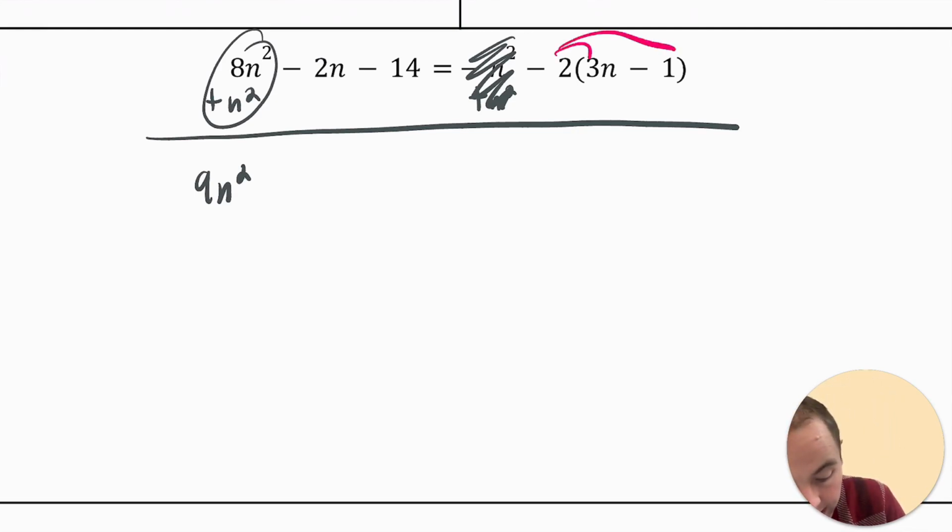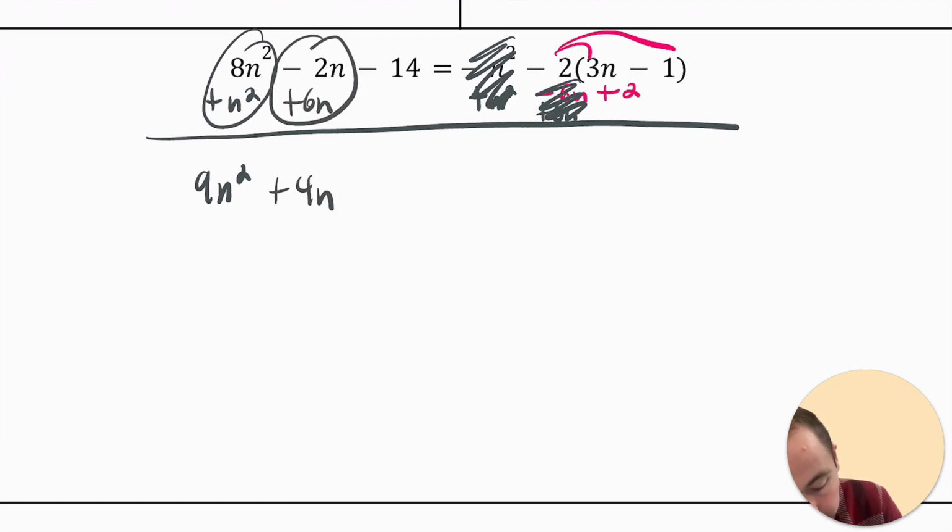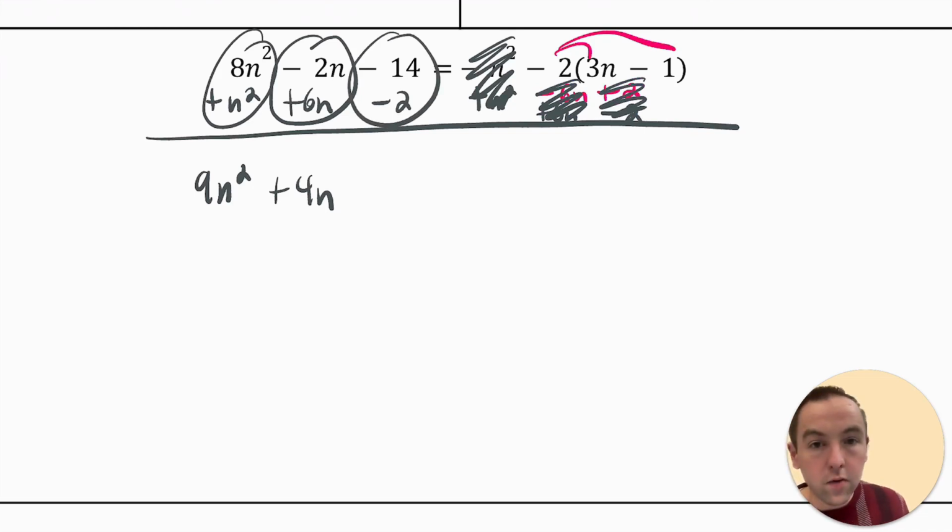So we actually have negative 6n and positive 2, because it's negative 2 times negative 1. So then to actually cancel it out, I need to add 6n to cancel out the negative 6n. So I'll add 6n, which will make it positive 4n there. And then finally, I'd subtract 2 to cancel the positive 2. And negative 14 minus 2 is going to give us negative 16.